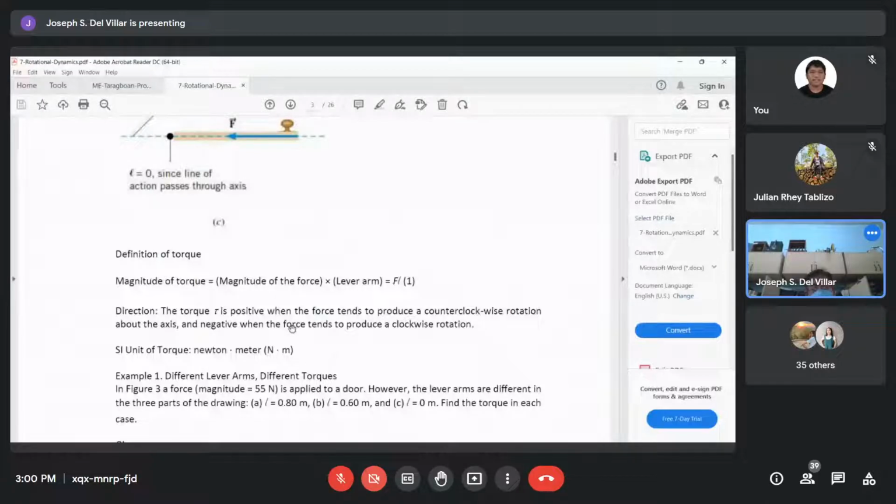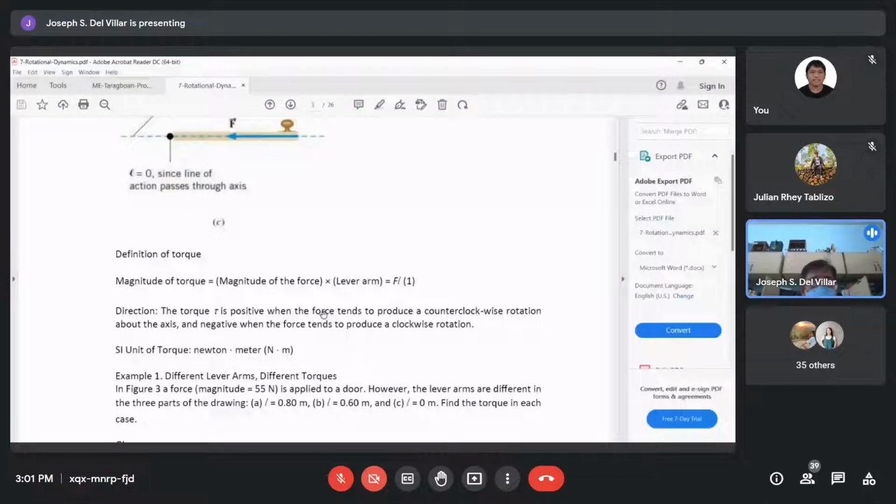Okay? Now let's have an agreement about direction. No? So the direction of the torque, since it is rotation, di ba? So torque is considered positive when the force tends to produce a counterclockwise rotation. So yun yung positive natin. Okay?